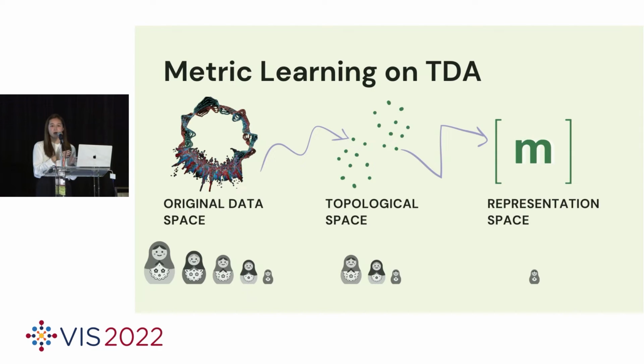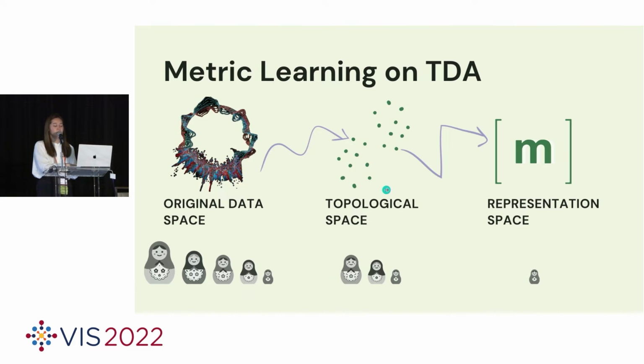Since we are now able to obtain the topological features, the next step is metric learning on TDA. That is doing one step further. Since we are able to get the topological descriptor, it has already done a kind of data abstraction step to reduce the original data size into a smaller one in a topological space.